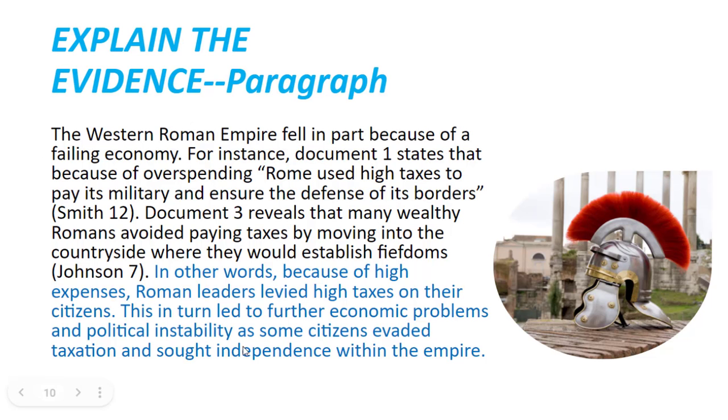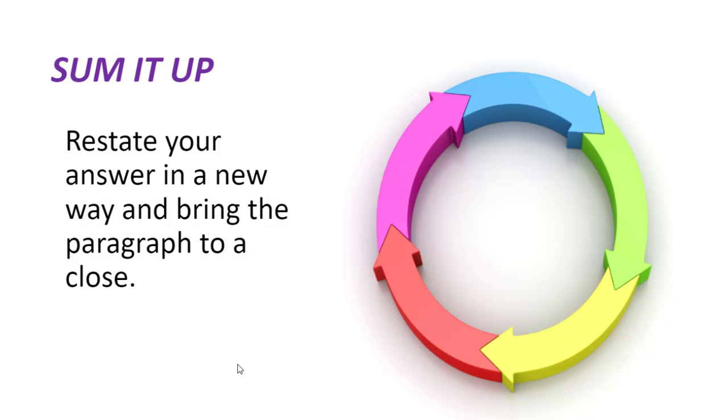So here I state, in other words, because of high expenses, Roman leaders levied high taxes on their citizens. And then I'm showing the effect of this. This in turn led to further economic problems and political instability as some citizens evaded taxation and sought independence within the empire.